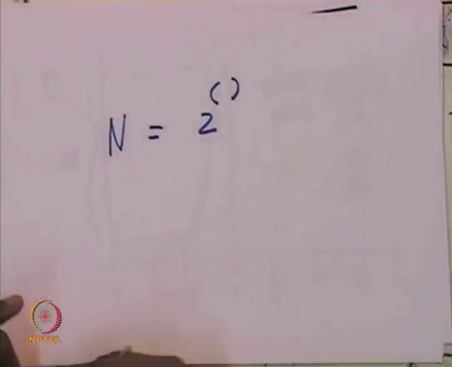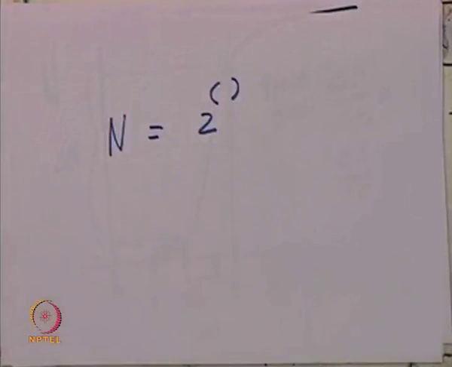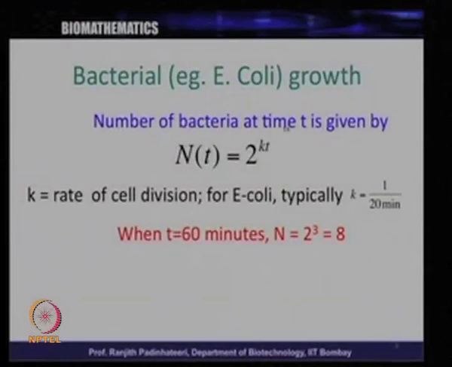Now, as we said last time in the slide, the number of bacteria at any time t is given by 2 power k t. Here k t is the exponent, where k is the rate of cell division, which for bacteria is typically 1 in 20 minutes.